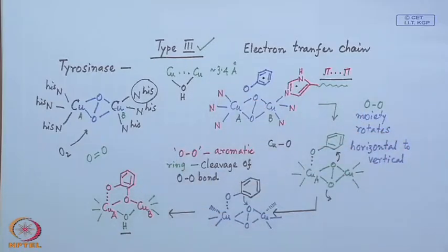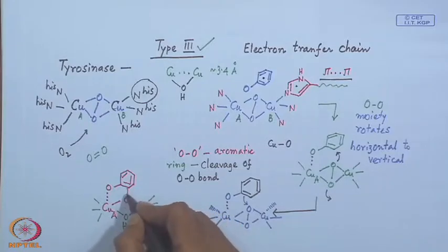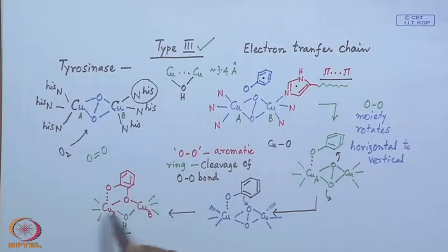And not only this hydroxide function, we also find that this phenol unit you have, and this phenol group we all know when it is there, if it is not a terminal one, this phenol unit can bridge to copper sites.